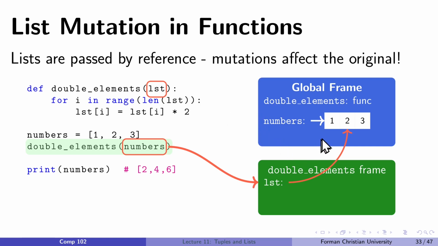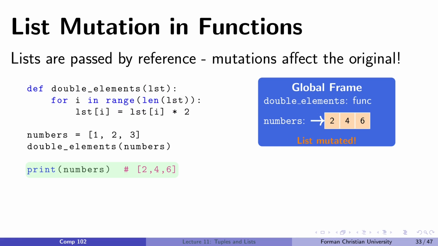Both names point to the same box in the memory. And then the function runs the loop. It mutates each element, doubling its value. And the list becomes 2, 4, and 6 after being doubled. And the function frame is destroyed, because when a function exits, its frame is destroyed.